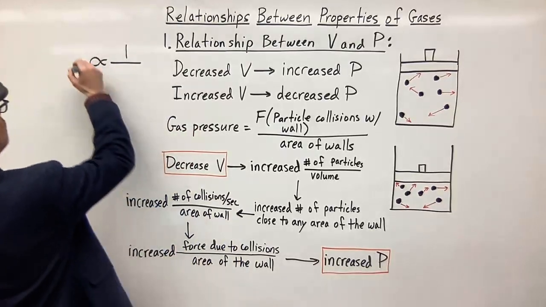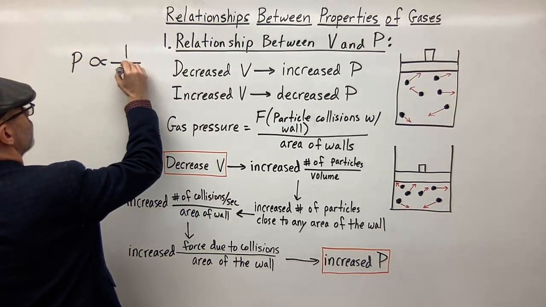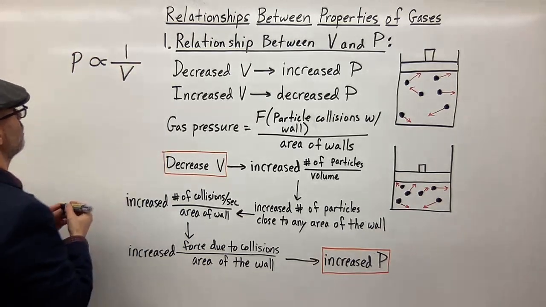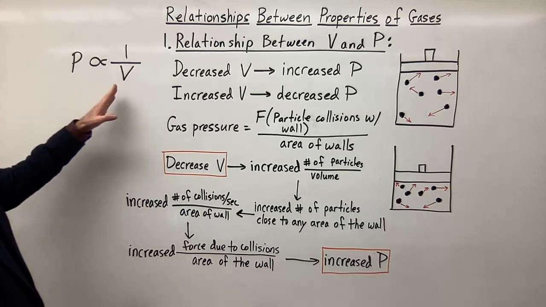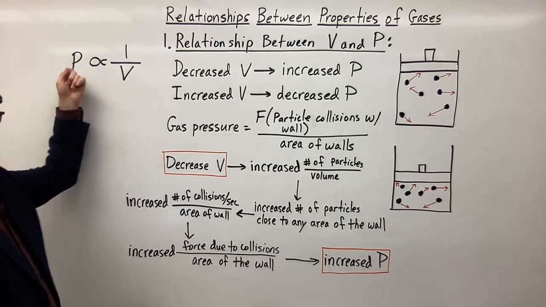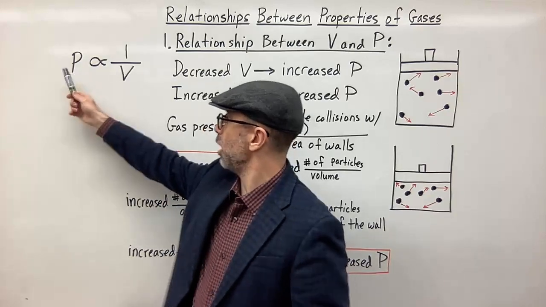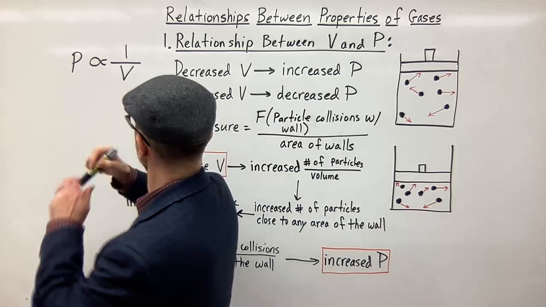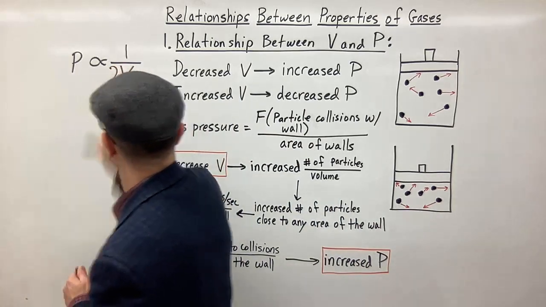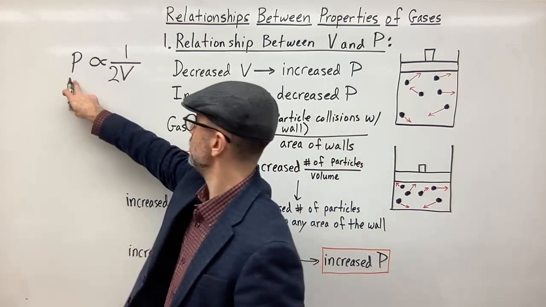Pressure is inversely proportional to volume. So in this case, if I double the volume, if I put a 2 there, then what happens to pressure?